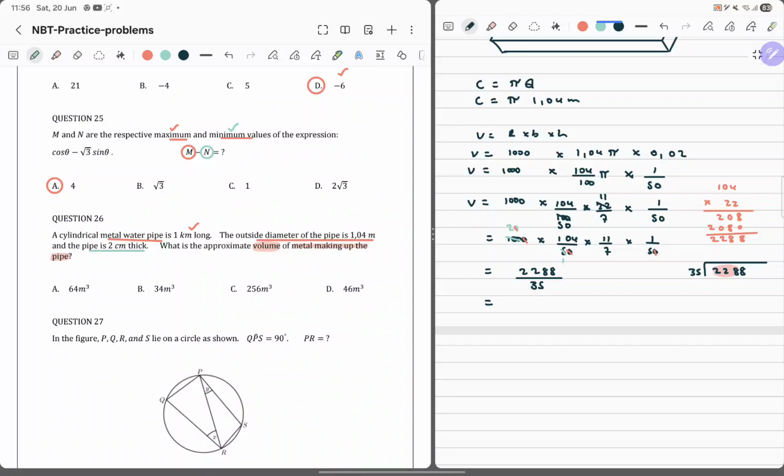With 35, with 288, problem with 35, it can't give us 8. Something is not right here. All right, 35 to 228.